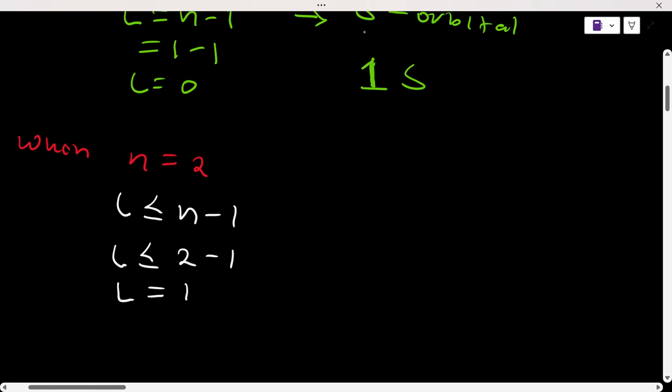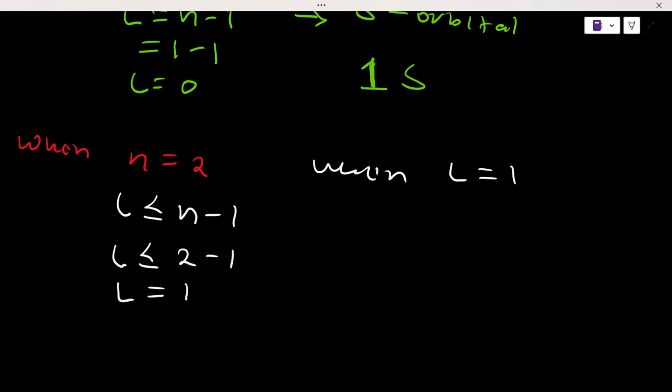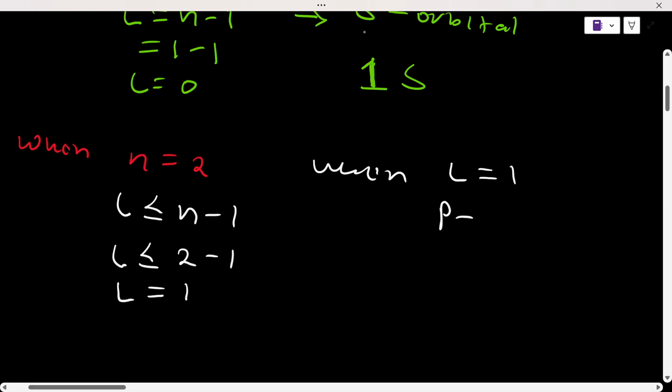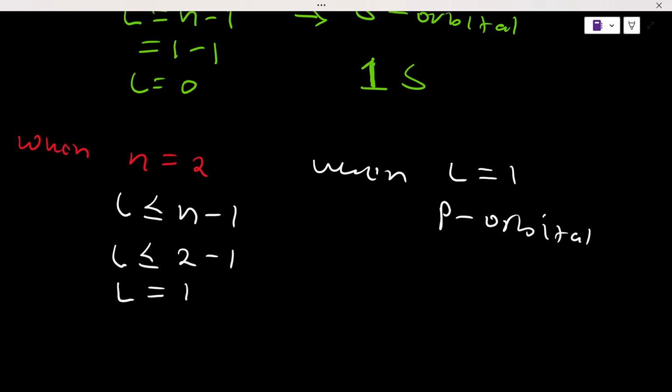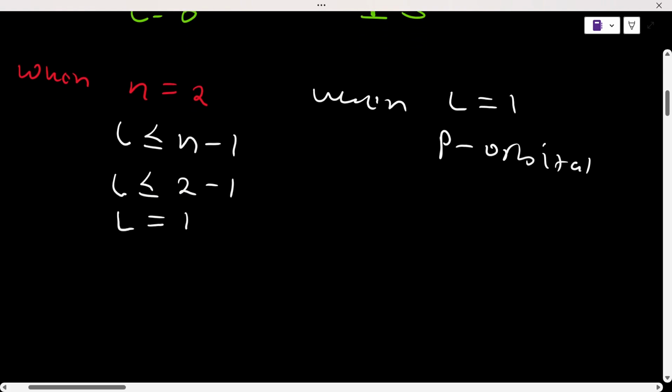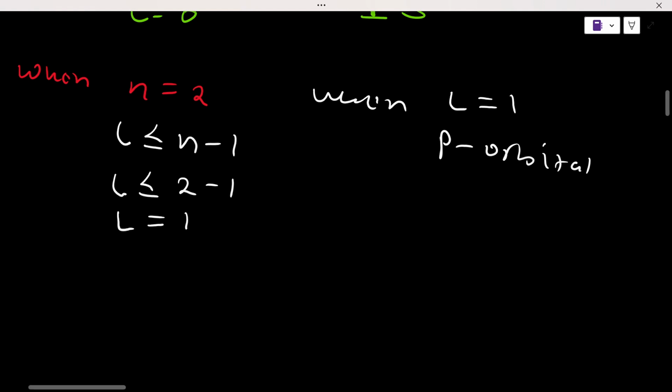And we said when the angular momentum number is equal to 1, here we are talking about the p orbital. And when we are talking about the p orbital, we are going to have two situations here.